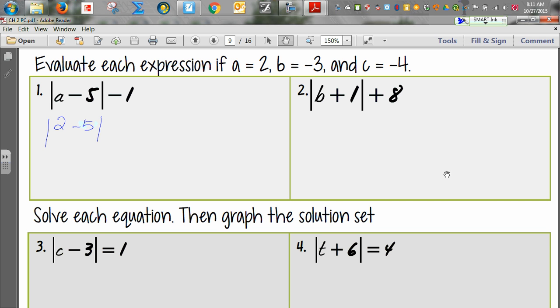Yeah, make sure you do that. Now, if you notice on this one, it doesn't have what? So can I still solve or simplify it? Okay. So 2 minus 5 would be what? Minus 3, absolute value, negative 3 is 3, so 3 minus 1 is 2.